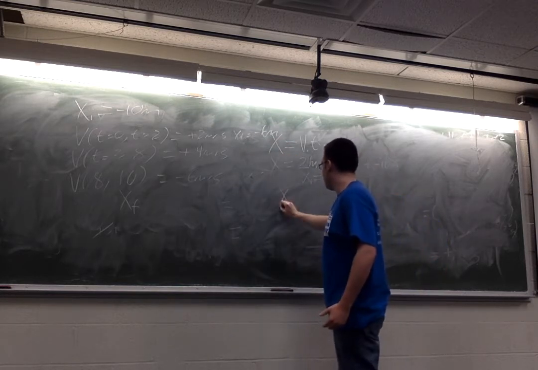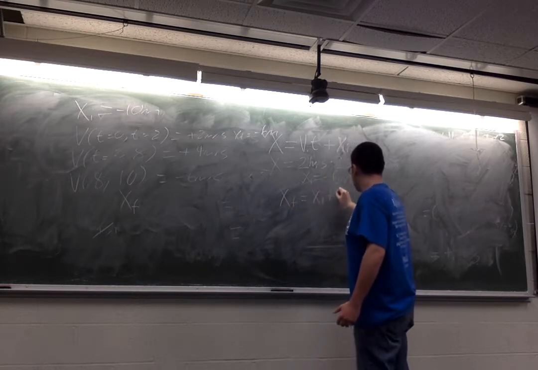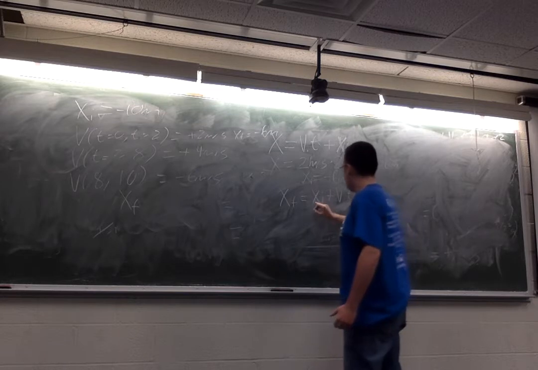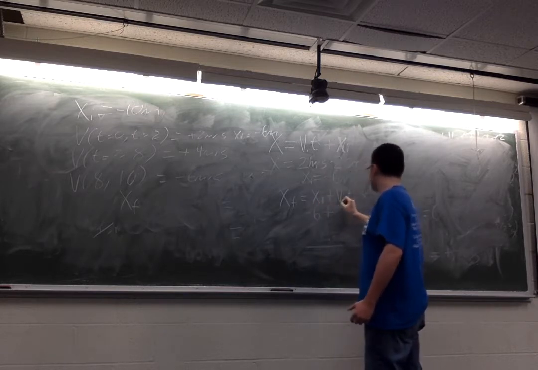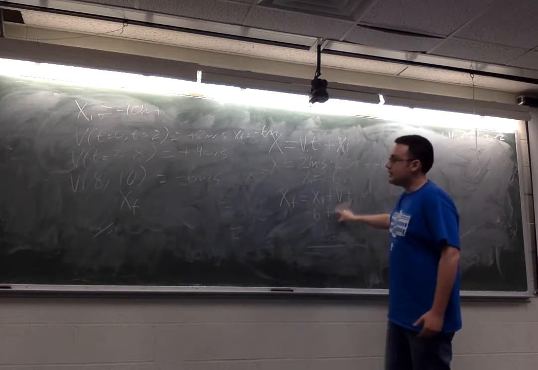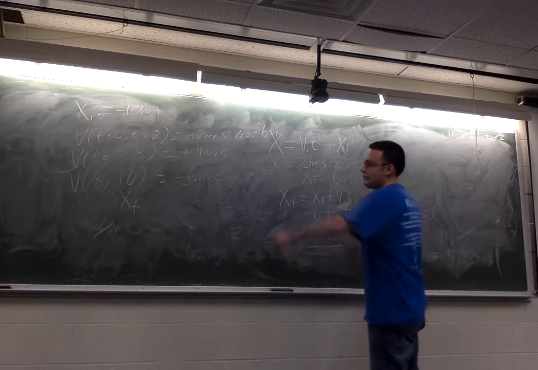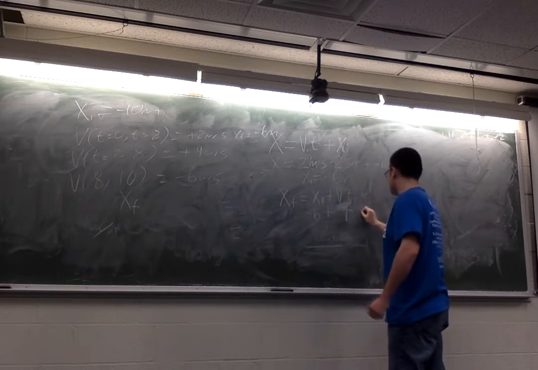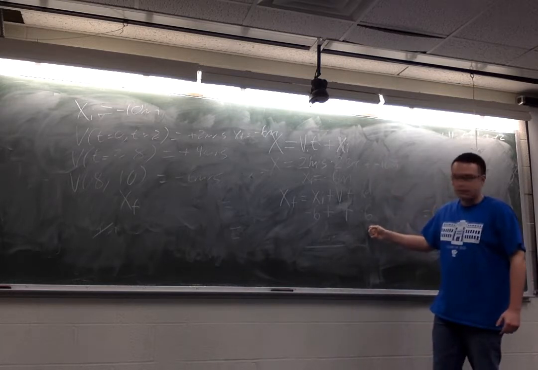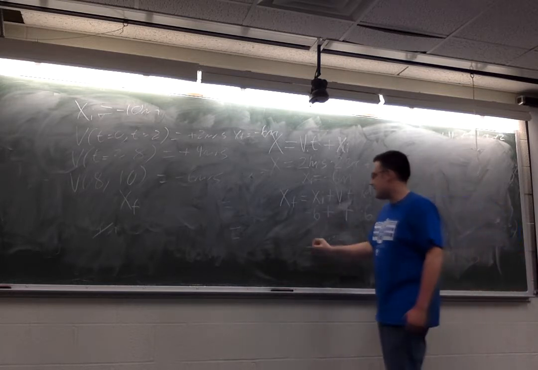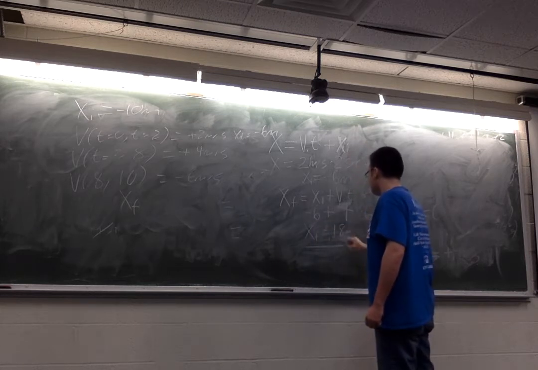So x final is equal to x initial plus vit, where our initial is now negative 6, plus our velocity here of 4 meters per second, times our time. 8 minus 2 is 6, so that's times 6. So 4 times 6 is 24. 24 minus 6 is going to be 18. x final is equal to 18 meters.